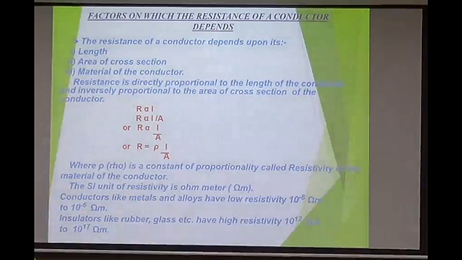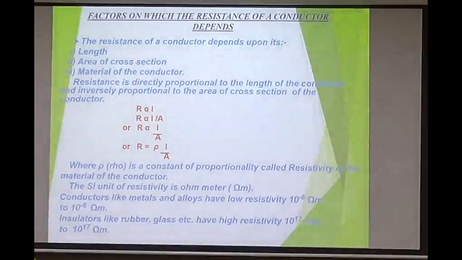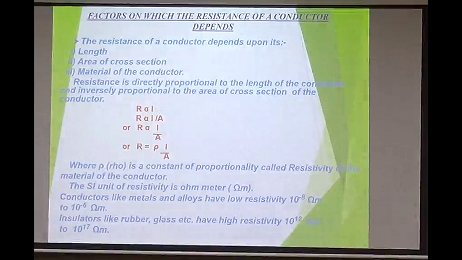So R is proportional to L upon A. And if you remove the proportionality sign, R is equal to rho L by A, where rho is the proportionality constant, also called the resistivity of the conductor. Now the SI unit of resistivity is ohm meter. Conductors like metals and alloys have low resistivity, and insulators like rubber and glass have high resistivity.